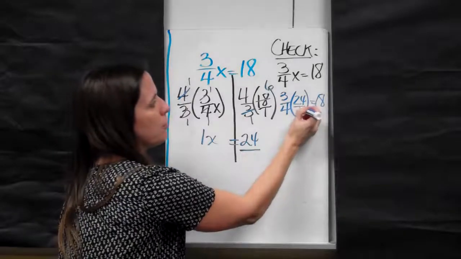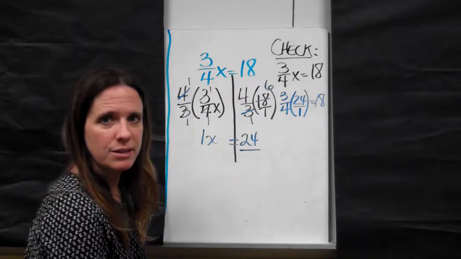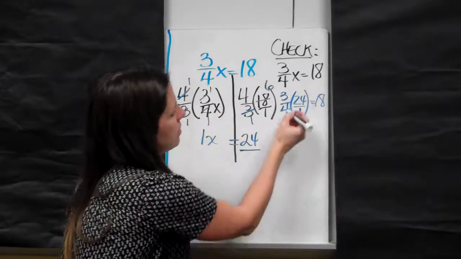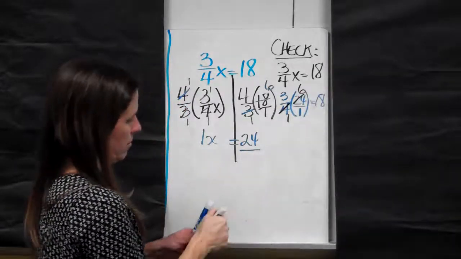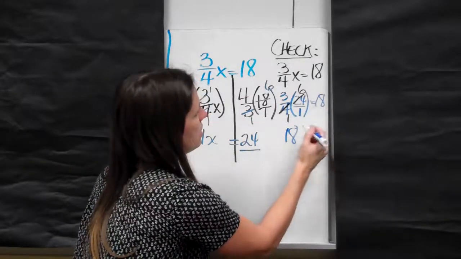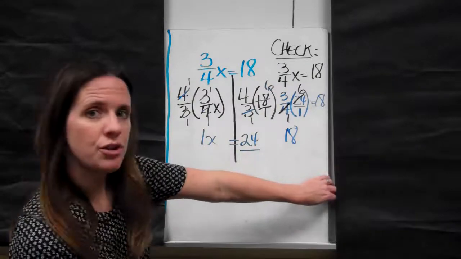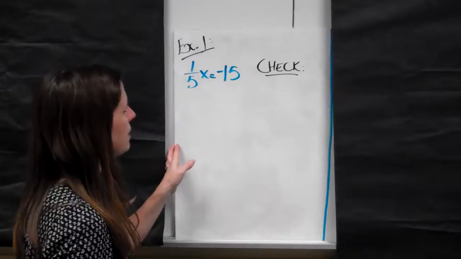I'm going to put that 24 over 1 because I have a fraction times a fraction, and that way it's a little bit easier to look for cross simplification. 3 and 1 you can't, but 4 goes into 24 6 times. 3 times 6 is 18, 1 times 1 is 1, so 18 and 18 match. We're good. All right, let's try a couple more examples, keeping that idea of the reciprocal in mind.